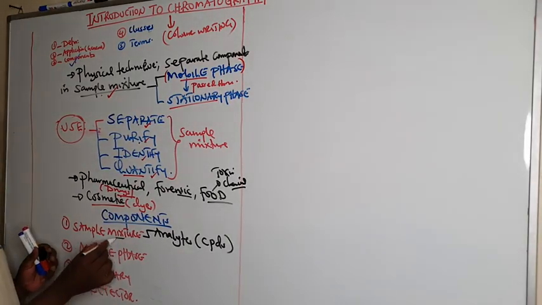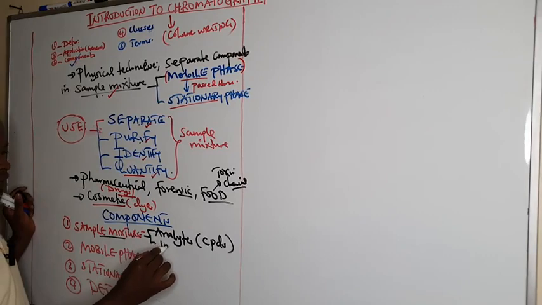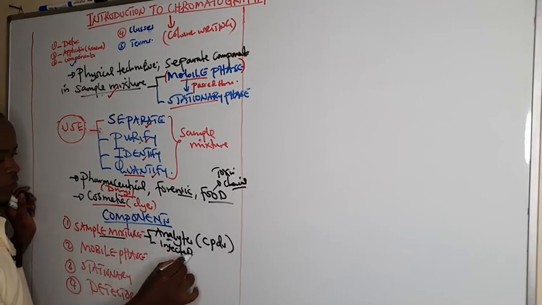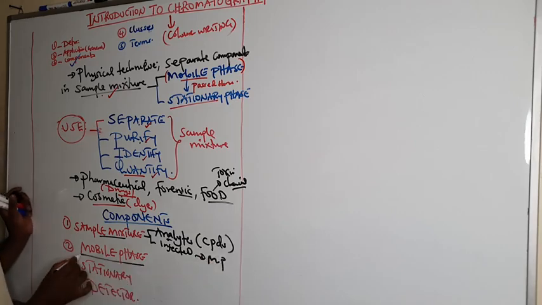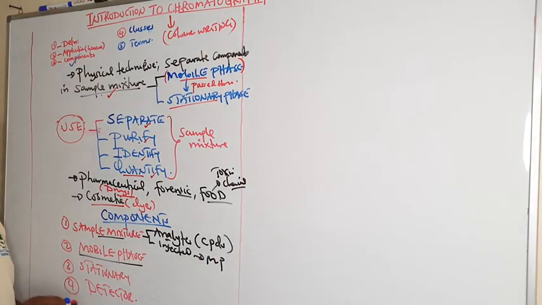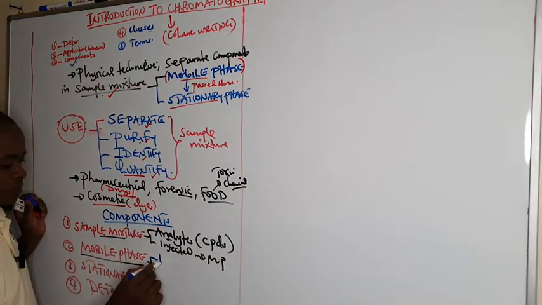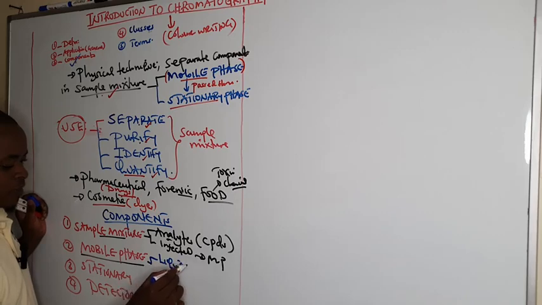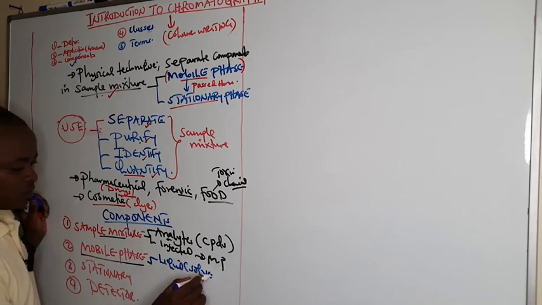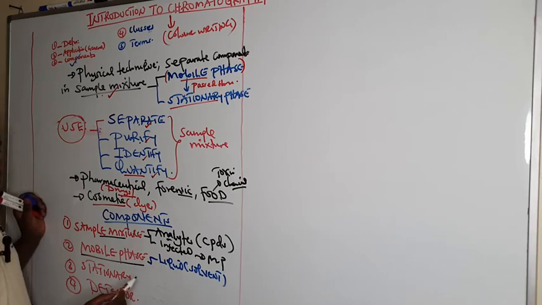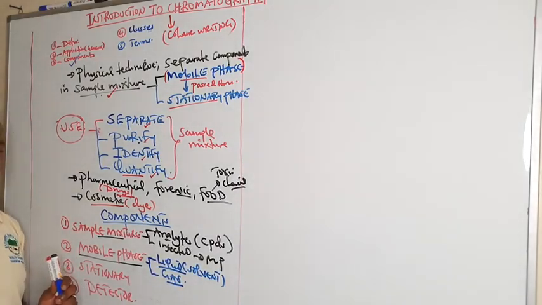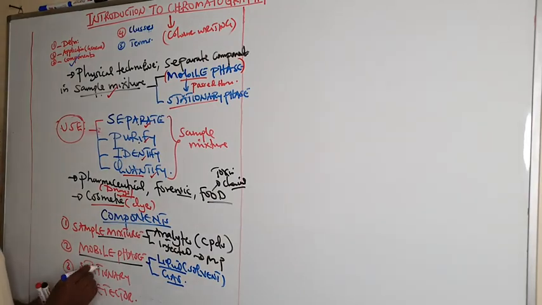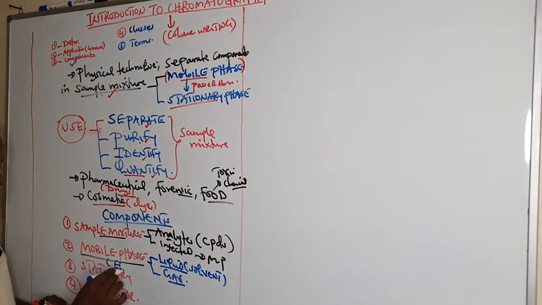So this is the sample mixture, and it is always injected into the mobile phase, which is the second component. It can either be a liquid, and when it is a liquid, we call it solvent. And it can also be a gas. So for the mobile phase, its other name is eluent.